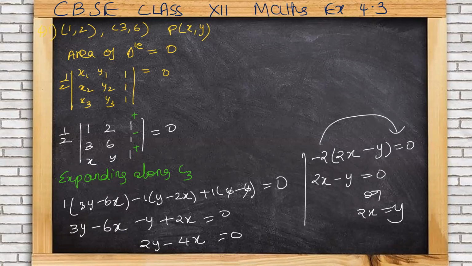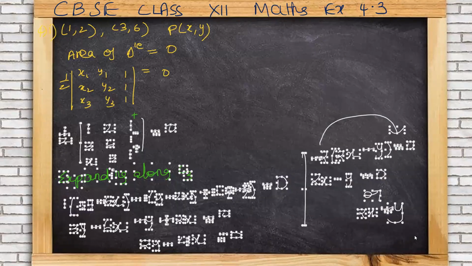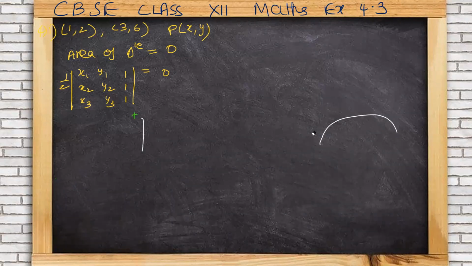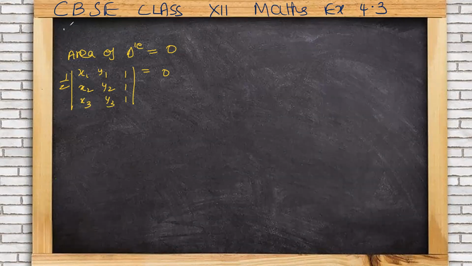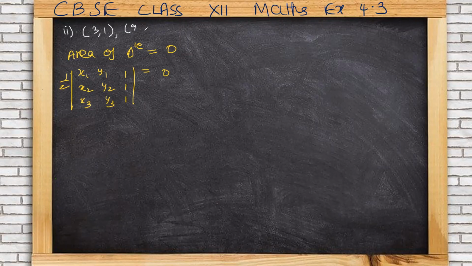Then the second subdivision, the same procedure we are going to follow. Yes, the second subdivision, we have the points 3, 1, 9, 3, and the last point we will take x, y. Let's substitute.